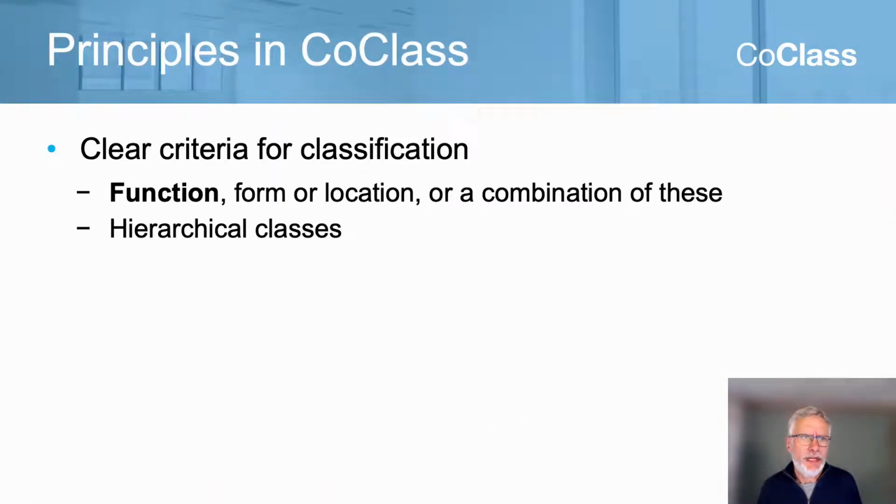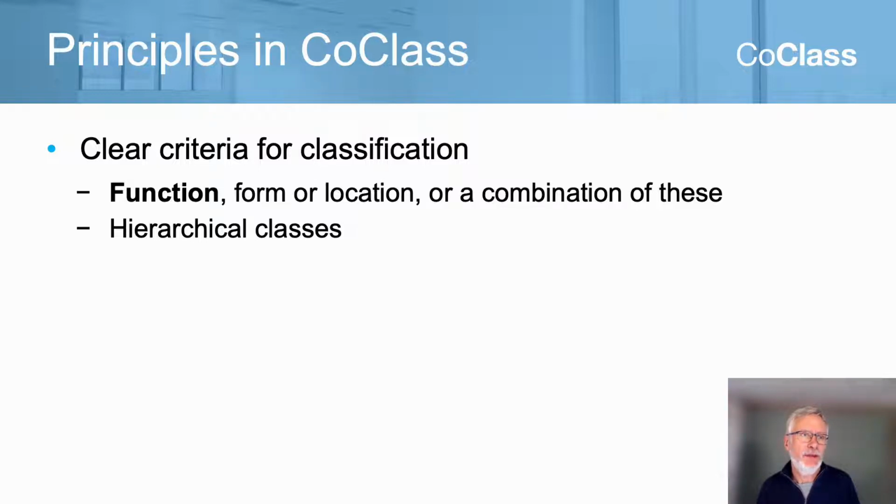And what about classification in CoClass? Well, it's about the built environment, as I said, and the primemost criteria for classification is function. What does the object have? What's the reason for having an object? What's its function? You can also use form or location or a combination of these.